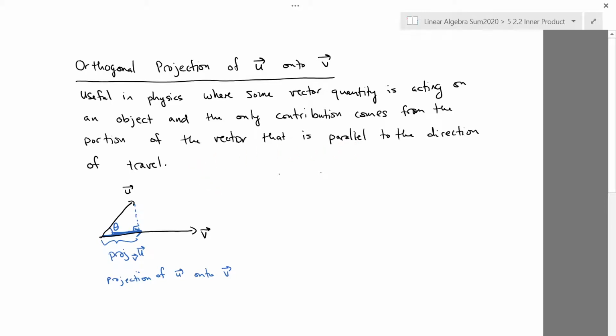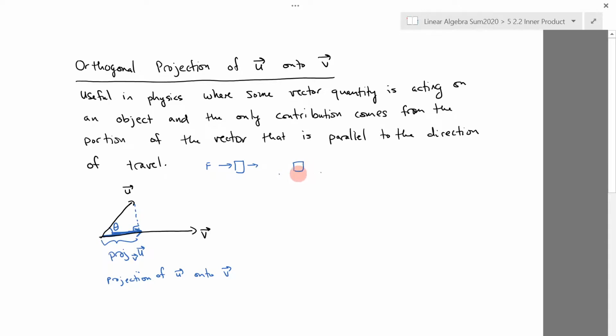So for example, say you have an object in motion, and then you push it in some direction. Say you have a box, and you apply a force to it. If the application of the force is in the same direction as the direction of travel, then all of the force is contributed to the motion.